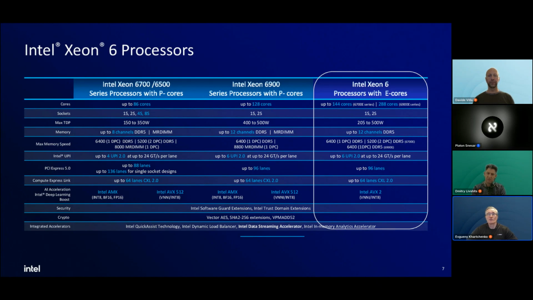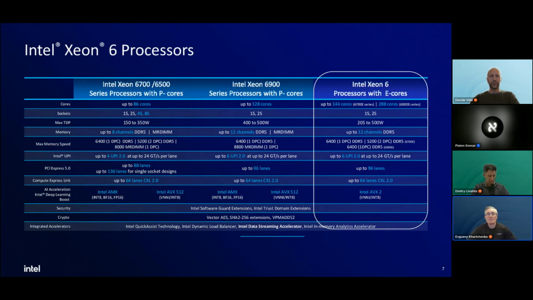A single CPU consumes up to 500 watts, with 12 channels of DDR5 memory only, no MRDIMM support. Other characteristics like UPI, PCIe lanes, and CXL are pretty much on par with P cores, because those CPUs can go into the same platform. They are interchangeable. You cannot mix a P core CPU with an E core CPU in a single system, but a single system will handle both types of those CPUs.